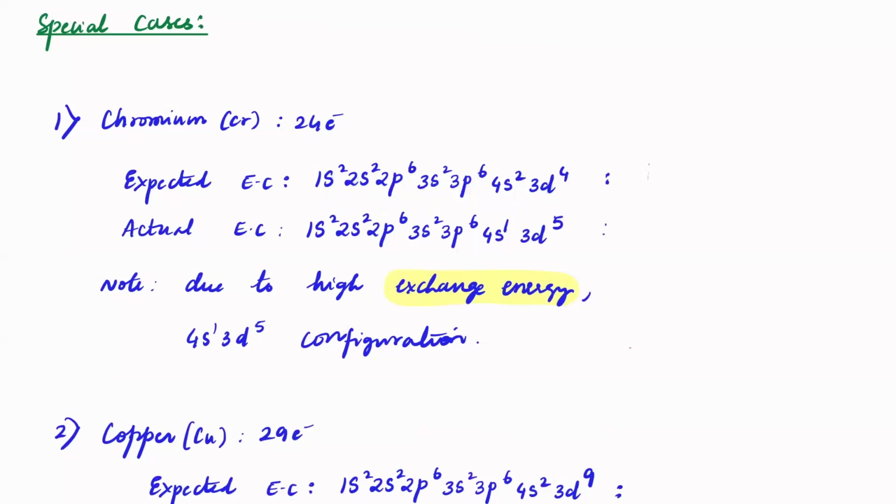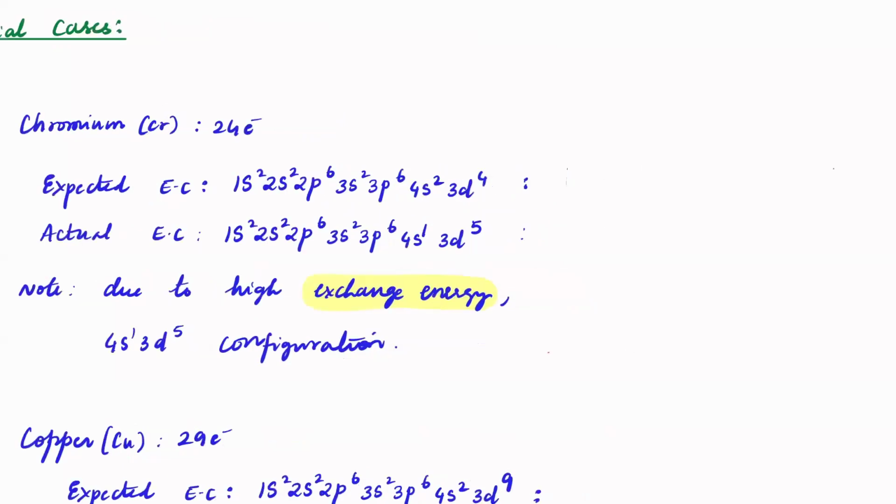This is the expected configuration. Or we can simply write it as argon 4s2 and 3d4, which means we would have 4 unpaired electrons here. This is the way the configuration is supposed to be.